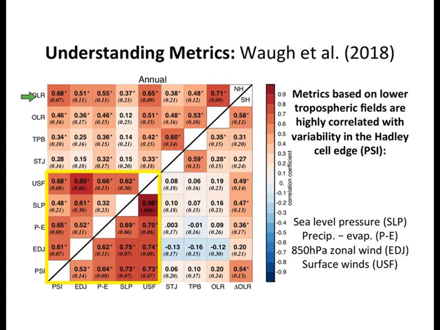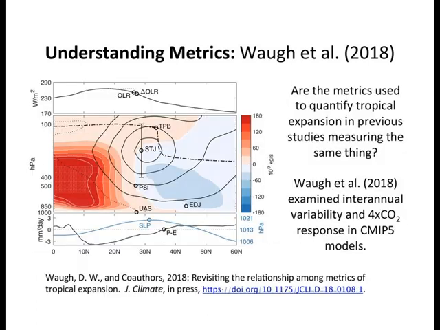Now these other metrics up here, the upper tropospheric metrics, the subtropical jet, tropopause break, and the OLR metrics, are much more poorly correlated with the surface-based metrics. What is going on, which is kind of interesting and we don't really understand yet, is that the Hadley cell moving poleward and equatorward is actually more strongly correlated with the strength of these features, the strength of the subtropical jet and the strength of the tropopause break, rather than their position.